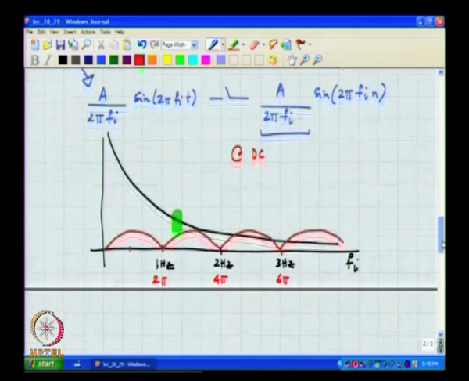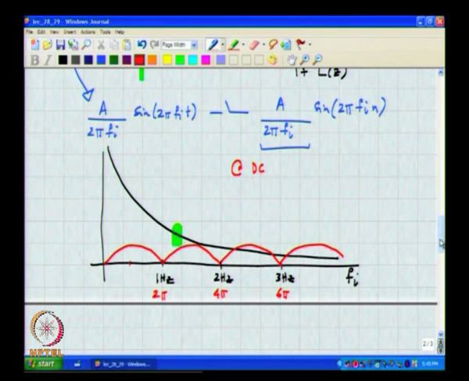So, at DC, this goes as, okay, or if you consider a small frequency delta f, this goes as 1 by delta f, all right. And what happens to this guy? This goes as delta f. Okay.